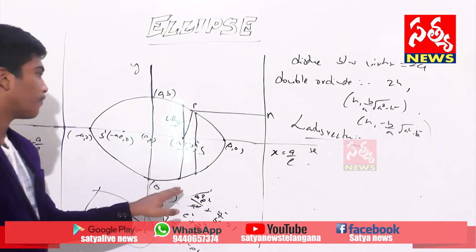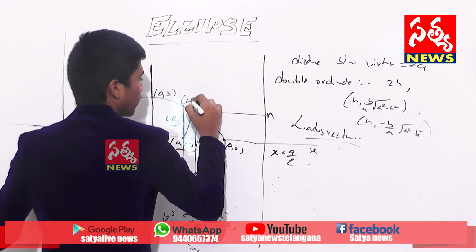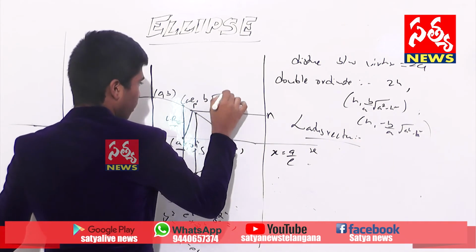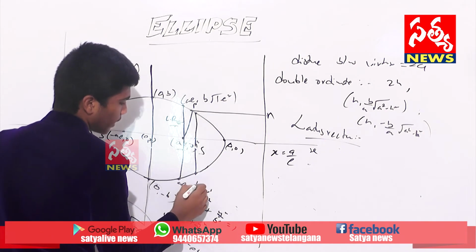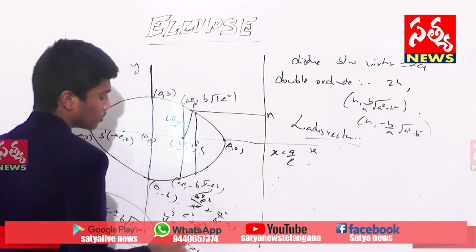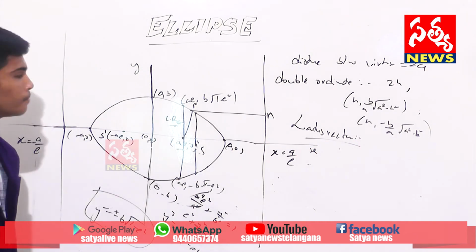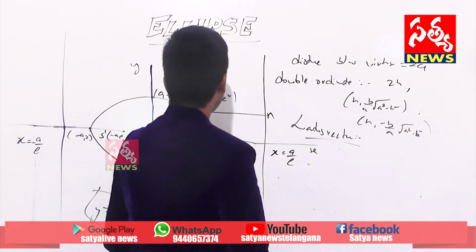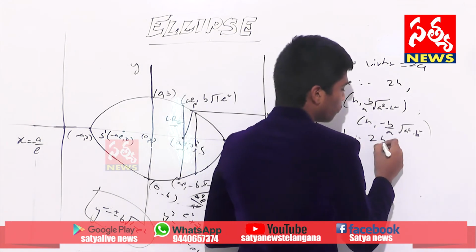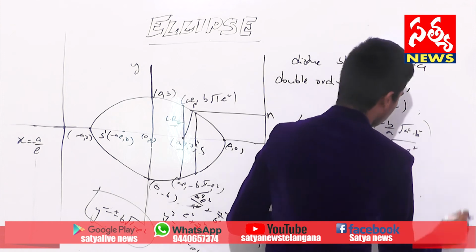These are the coordinates of y. This is ae comma b under root 1 minus e square, and this point is ae comma minus b under root 1 minus e square. So now the distance would be this distance plus this distance. It will become 2b under root 1 minus e square.